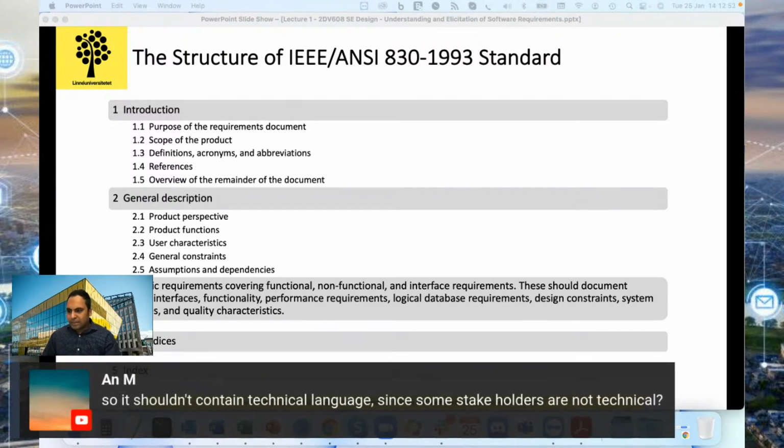I think there was a question that I missed. It should not contain technical language, since some stakeholders are not technical.